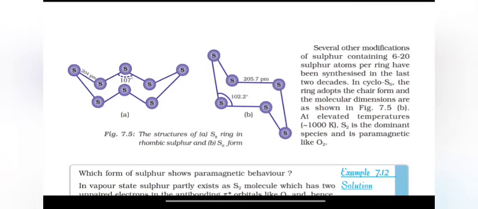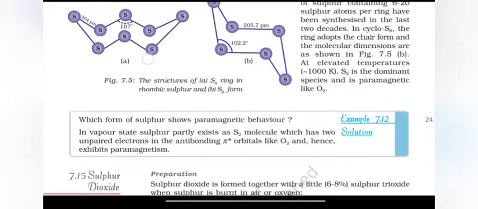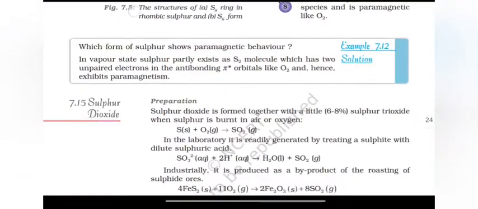Several other modifications of sulfur containing 6 to 20 sulfur atoms per ring have been synthesized in the last two decades. In the cyclo-S6, the ring adopts the chair form and the molecular dimensions are shown. At elevated temperatures, S2 is the dominant species and is paramagnetic like O2.